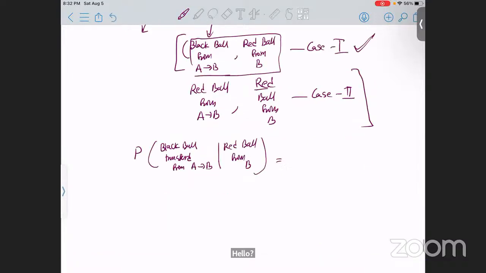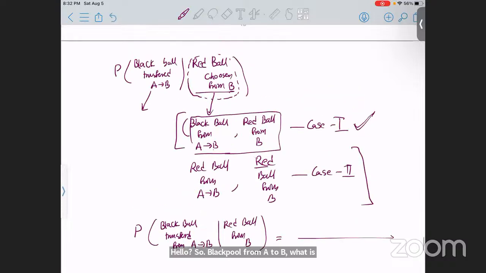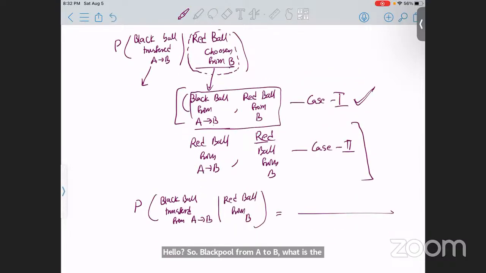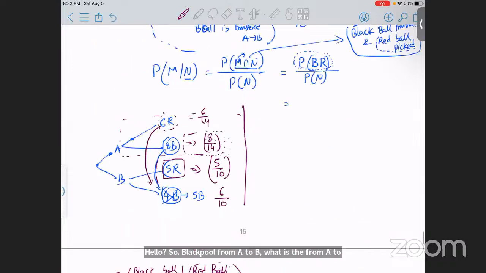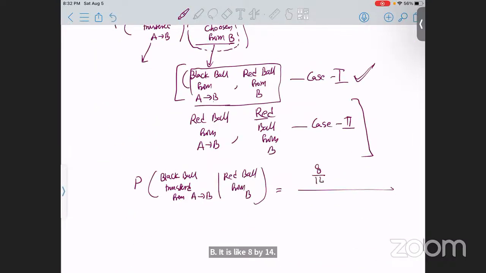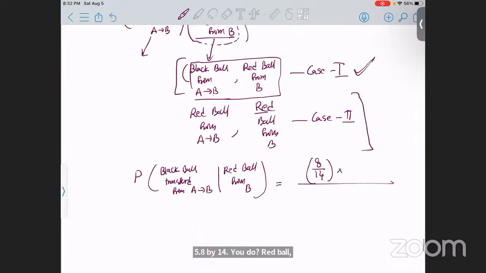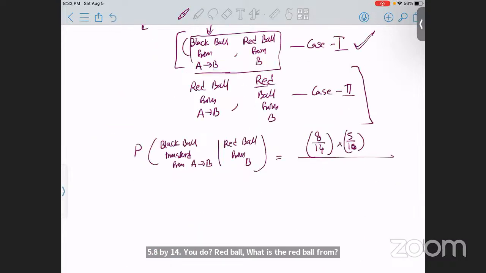So, black ball from A to B. What is the probability of a black ball from A to B? It is 8 by 14 into the red ball from B, which is 5 by 10, divided by the total probability.